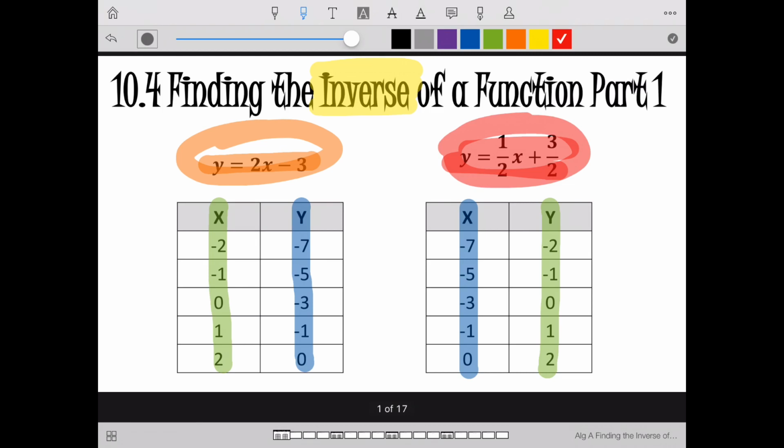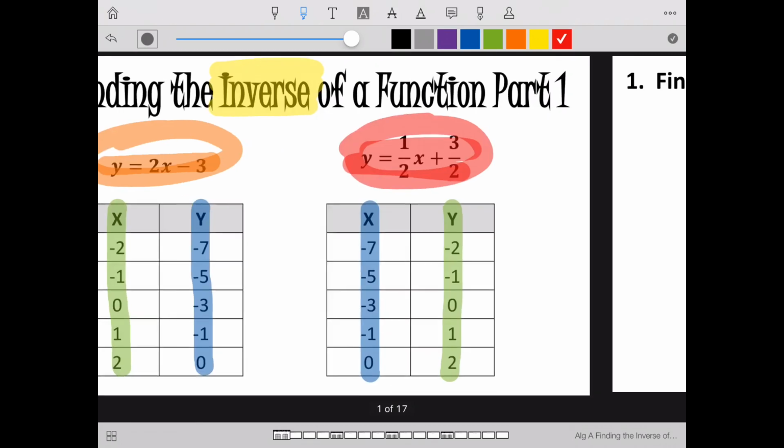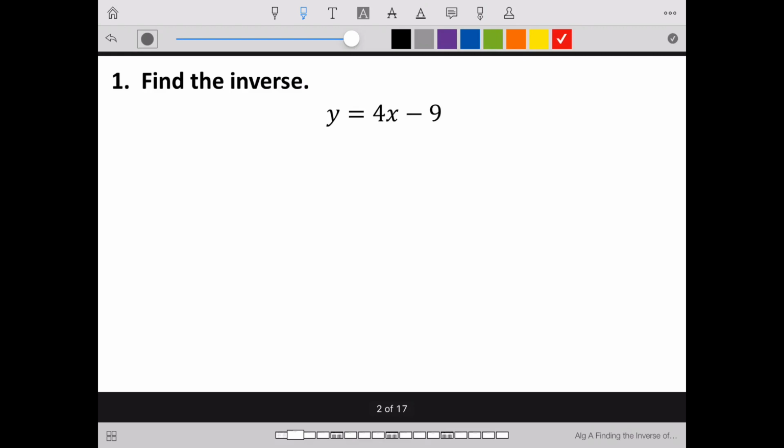So let's actually do some of these problems. Question number 1, find the inverse. Whenever you see inverse, think we need to switch the x's and the y's.